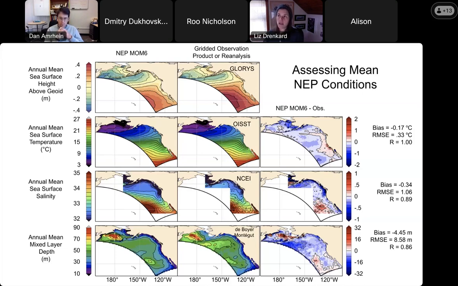So we patched into our river runoff and freshwater discharge an observation-based product by, I think it was Beamer et al. and Hill et al., just so that we're making sure we're getting this freshwater input in the Gulf of Alaska to be as reasonably accurate as we could expect.